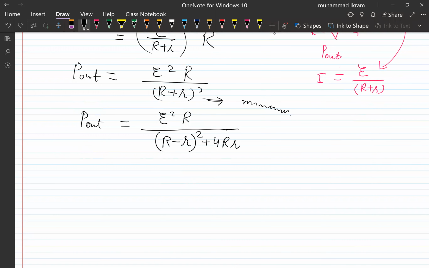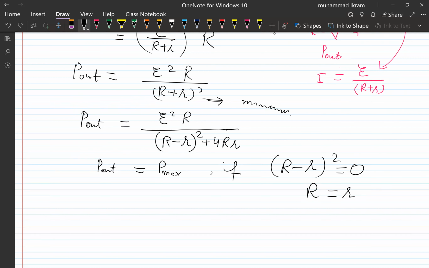Now for the maximum power out, power out has to be power max if the denominator is small, and it is only possible when the factor in the denominator is 0. What does this mean?